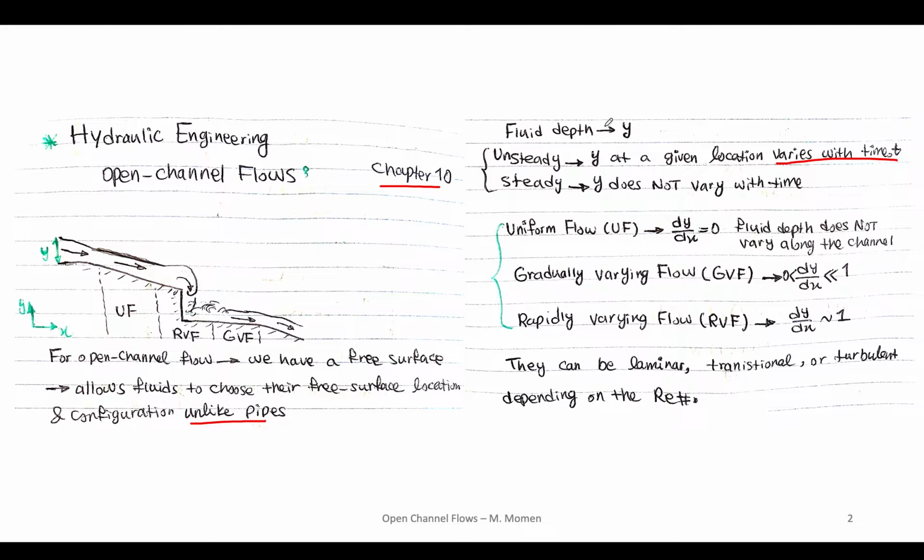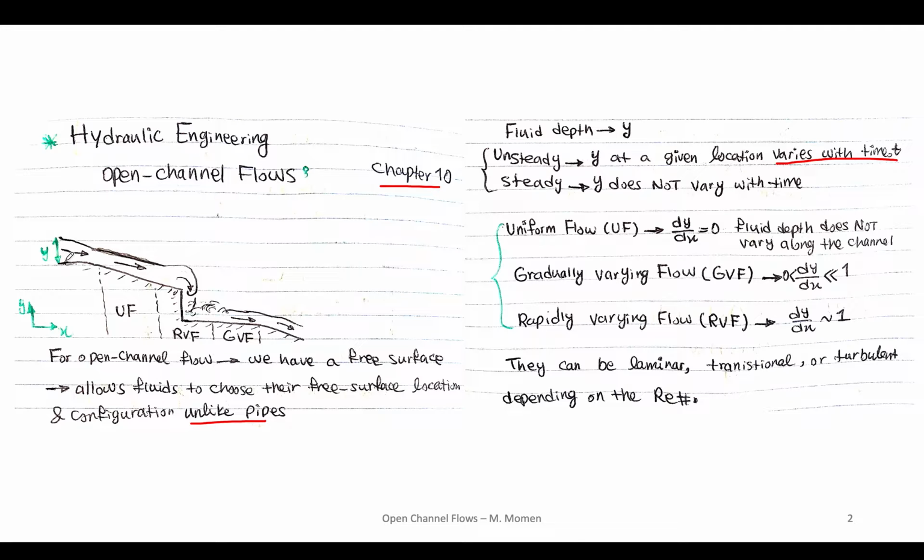And a steady system is a system in which the fluid depth y does not vary with time. Okay, so at any given location, if you look at it at different times, y is constant with respect to time. It might change with respect to location.